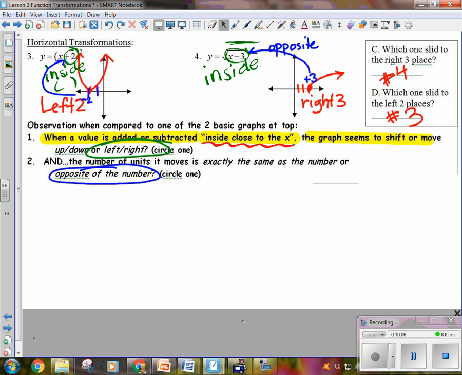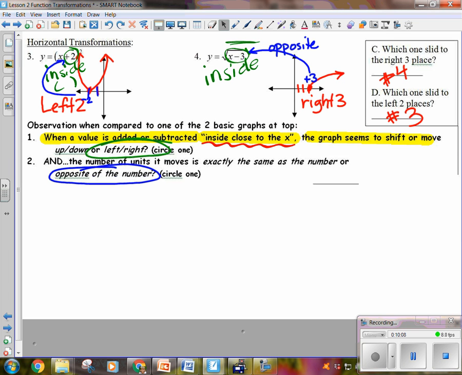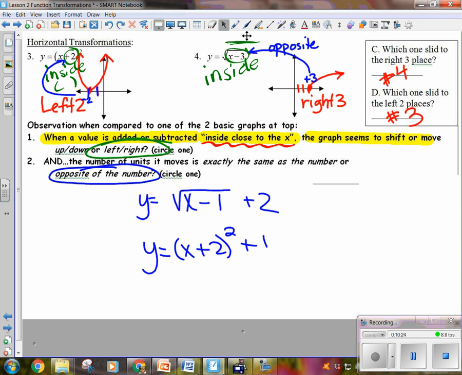What I want to do is make sure that you understand that we can talk about numbers that are inside, and we can talk about numbers that are outside. Inside and outside. Let's just say I had something like this, or I had this one. Notice that this is a number on the inside. This is a number on the inside.